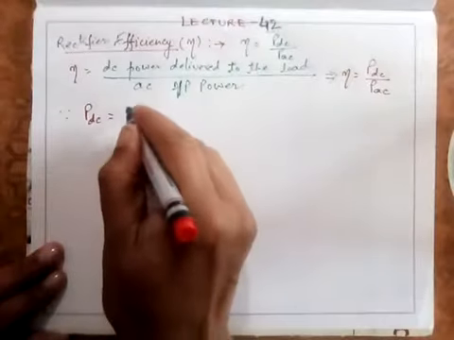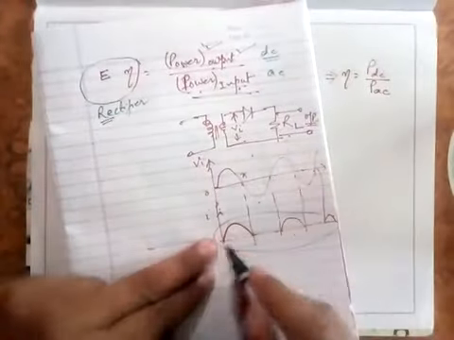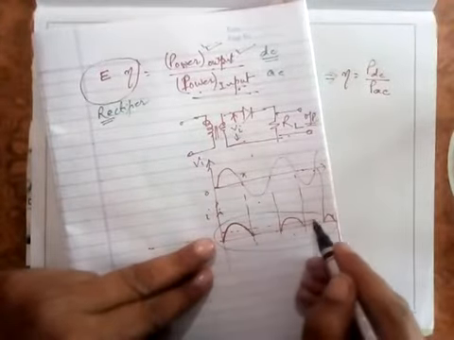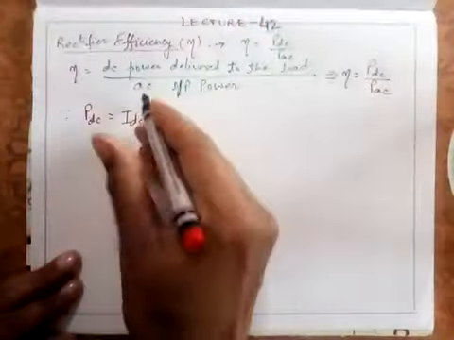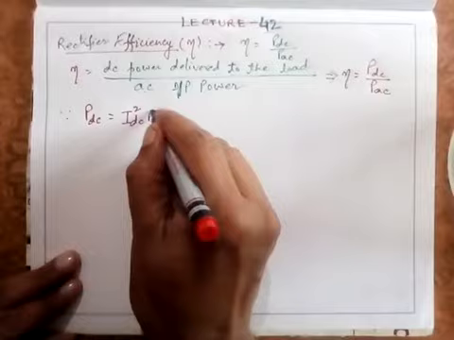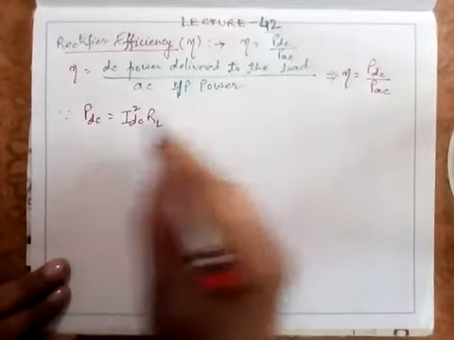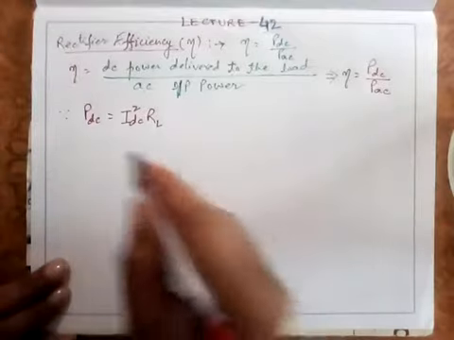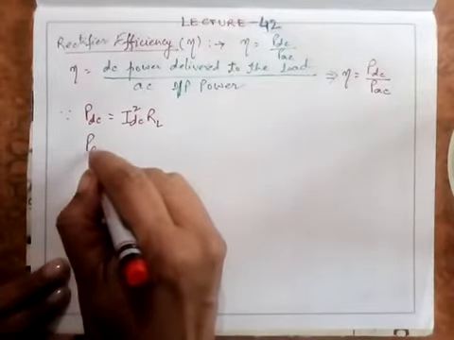So I can say it is equal to IDC, the current flowing through this, as I said, the average current is IDC or I average. We have found this. PDC is equal to IDC square into RL, because power is equal to I square into R. I hope that this is clear. PDC is equal to this much, and at the same time I can say the value of PAC.